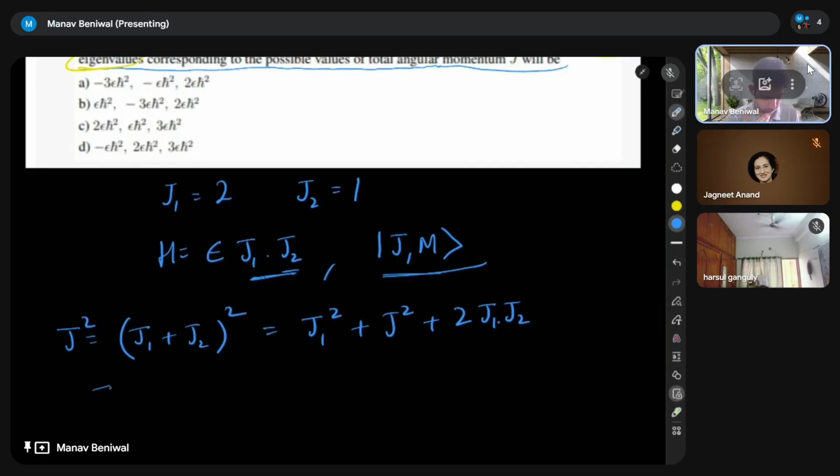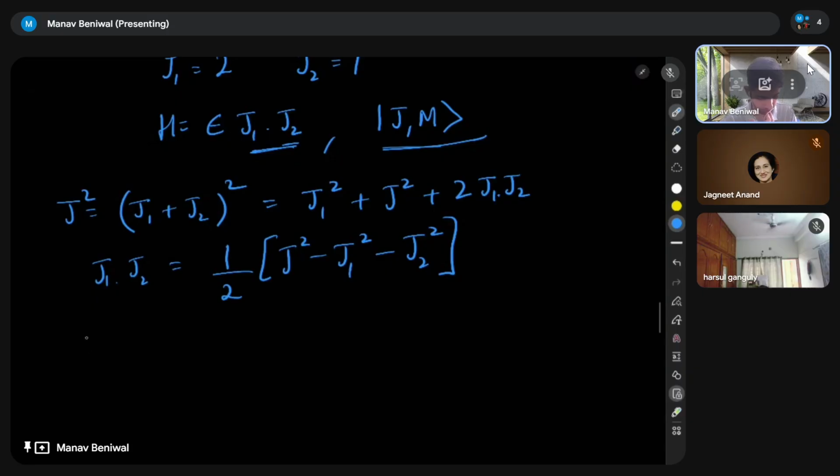So our j1 dot j2 then becomes half of j squared minus j1 squared minus j2 squared. Therefore our Hamiltonian H becomes epsilon by 2 times j squared minus j1 squared minus j2 squared.